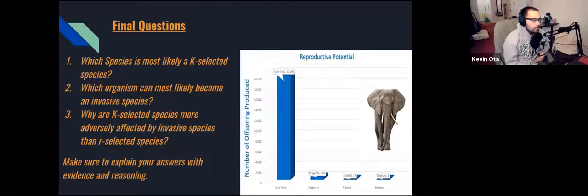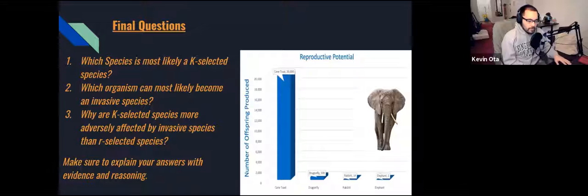For question 2, which organism can most likely become an invasive species? And for question 3, why are K-selected species more adversely affected by invasive species than R-selected species? Make sure you explain your answers with evidence and reasoning.